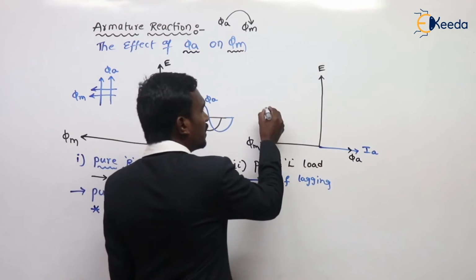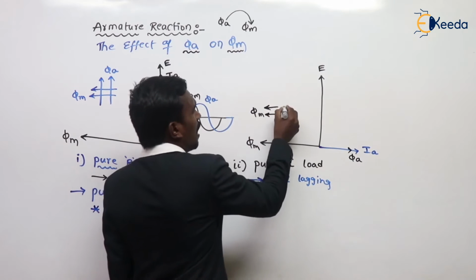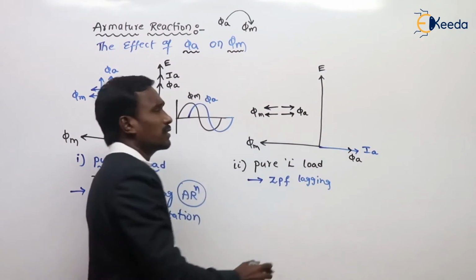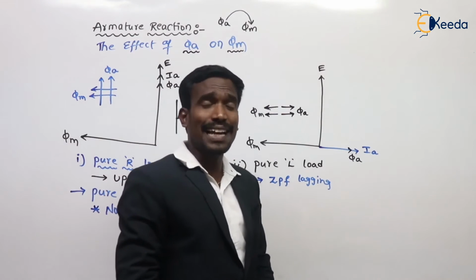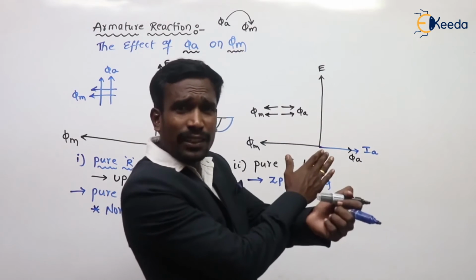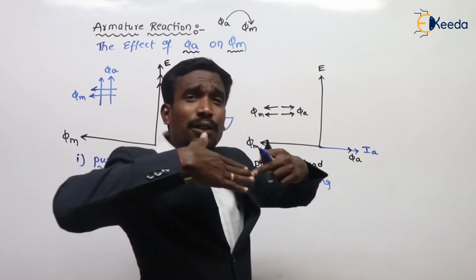So let's see, this is the direction of the main field flux and this is the direction of the armature flux. Here my armature flux is disturbing the main field flux. In which direction? Is it crossing? No. Is it in the same direction? No. Is it in the opposite direction?